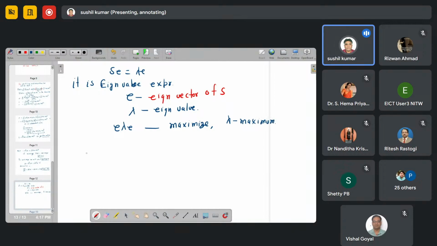That is the reason that in principal component analysis, if you have done programming, we take the maximum eigenvalues and eigenvectors.